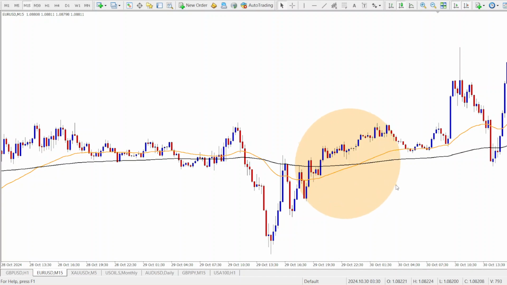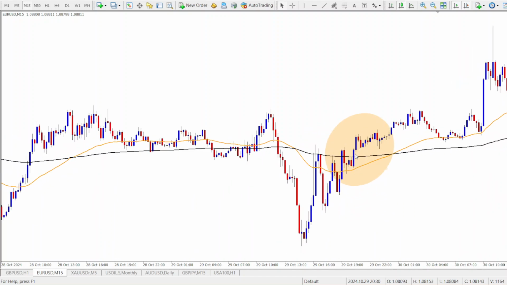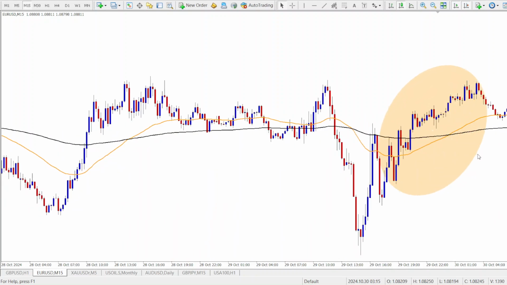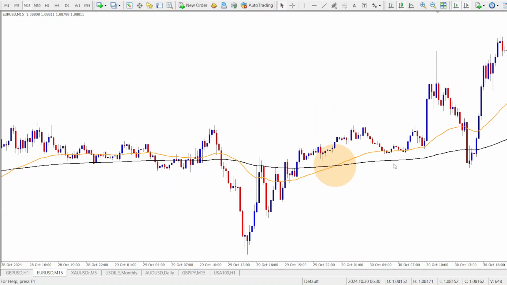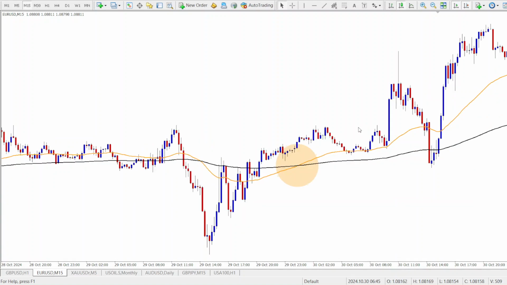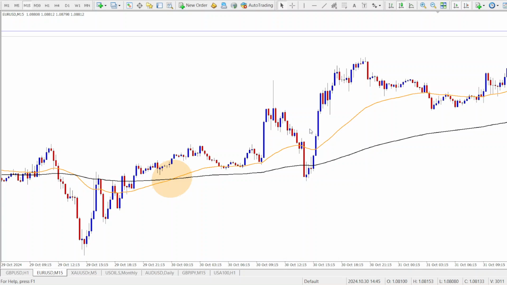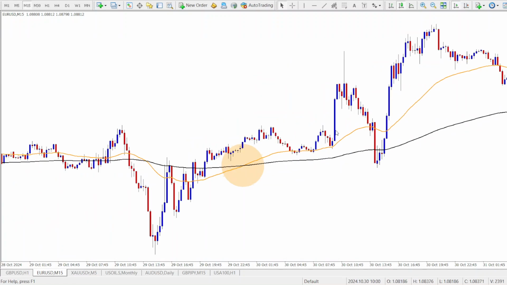You can see around this point, I don't know what's wrong with this. Okay, we can see we had a bullish crossover happening around here, right? So basically that is a buy signal. When that happens, it's a buy signal. It's as easy as you can think of to spot.